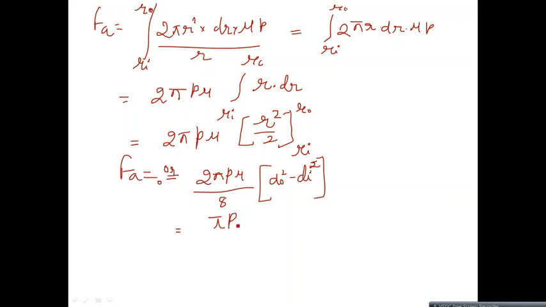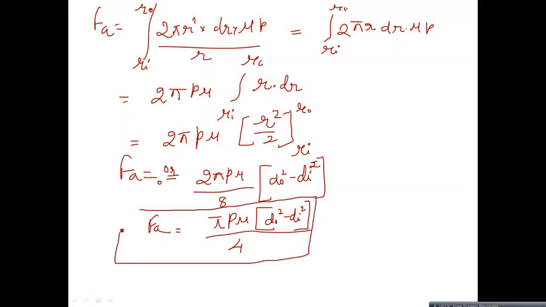Let us substitute here, the frictional force Fa equal to 2 pi p mu divided by 8, dO square minus di square.